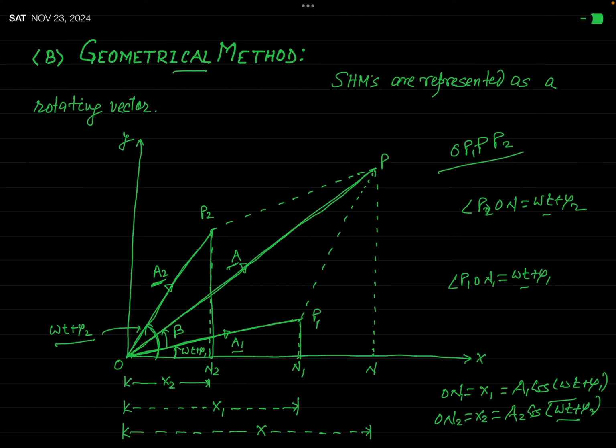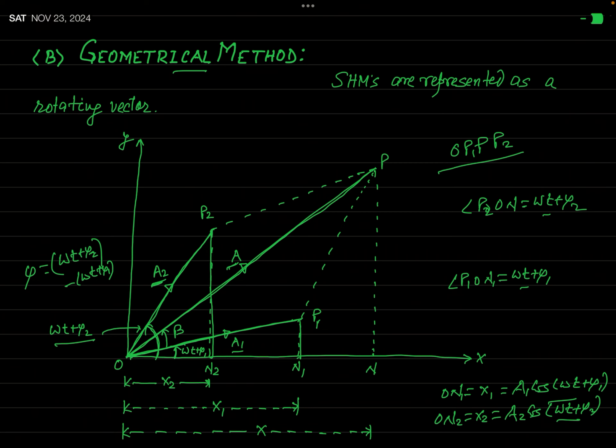Here, what will be the angle between vector A1 and A2? Actually, if phi is the angle between vector A1 and A2, from the geometry of this figure you can see this will be equal to omega t plus phi 2 minus omega t plus phi 1, because the angle P2OP1 will be equal to P2ON minus P1ON.